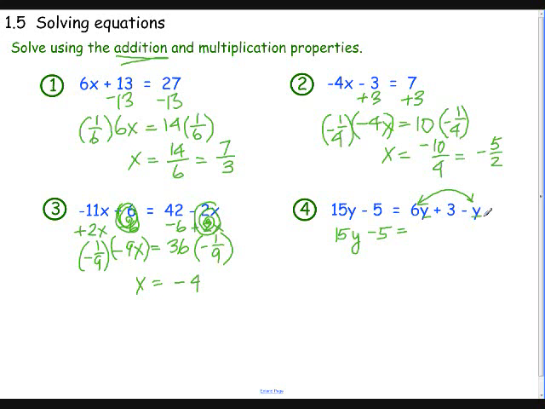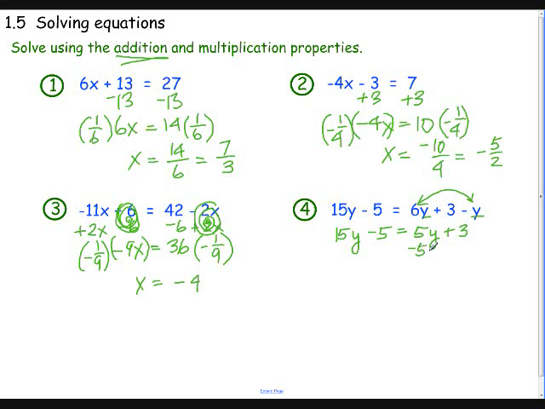They have the same variable at the same exponent. So that would become 5y, wouldn't it? Plus 3.